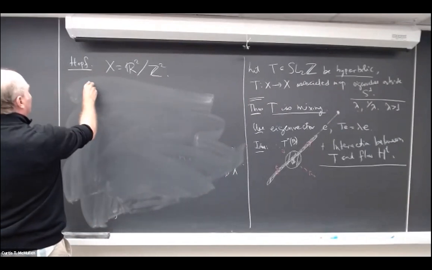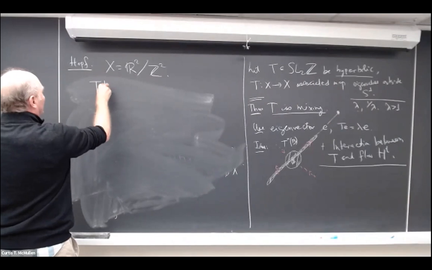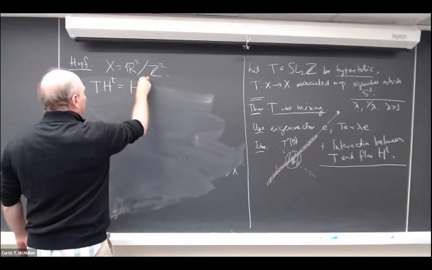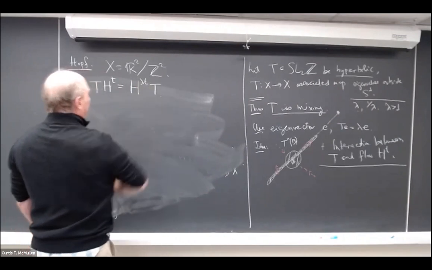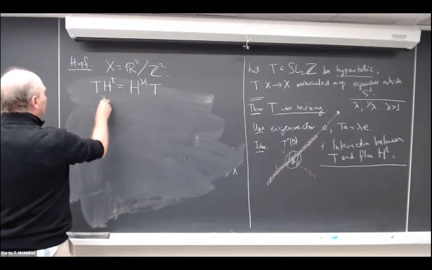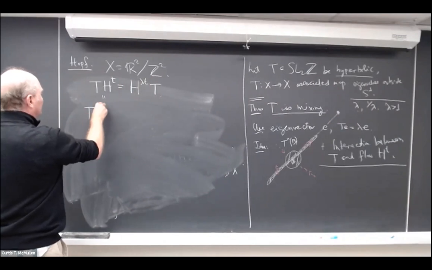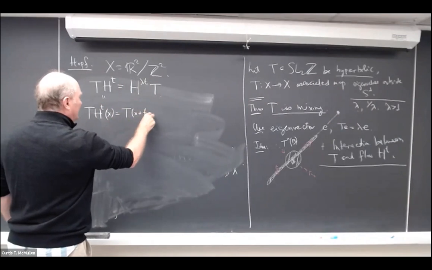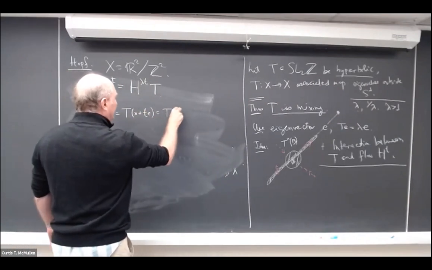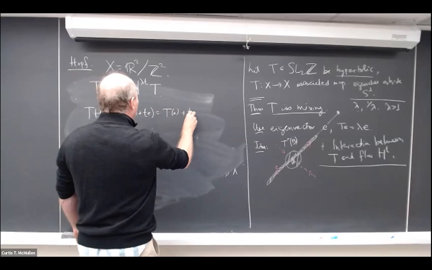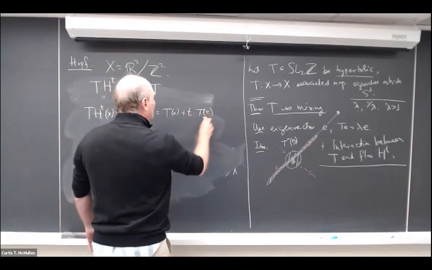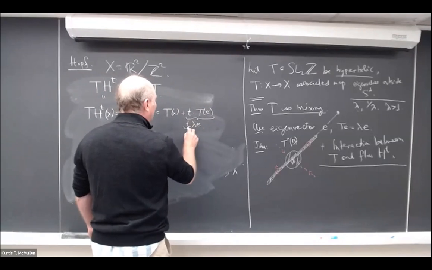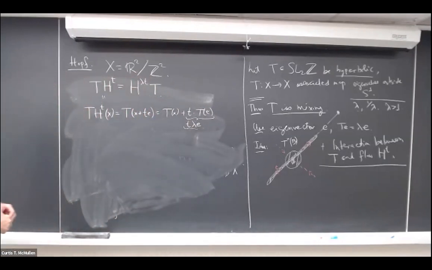So I claim that T of H_t is equal to H_{lambda t} composed with T. And that's because if you apply this transformation to x, you just get T of x plus t times E, and that's T of x by linearity plus t times T of E. But T of E is lambda E. So you get t lambda E. So you're now flowing by time t lambda E.